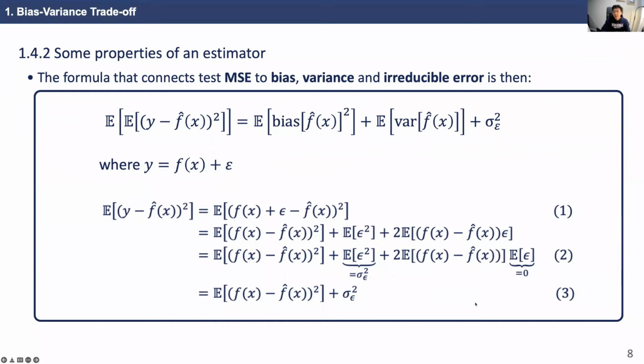Remember that when two random variables are independent, the expectation of their product is equal to the product of their expectations. And in equation 3, we see how test MSE decomposes into the irreducible error, the error here, and this expectation value.